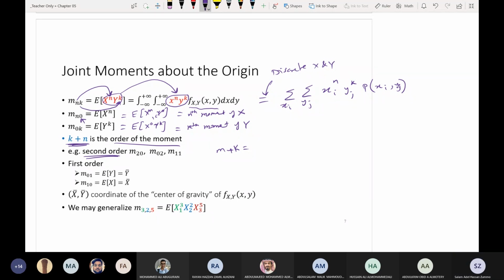Guys, is anyone with me? Yes. Okay, send me over the private chat. Don't answer out loud. Send me over the private chat. When I say second order, what does n plus k equal to?